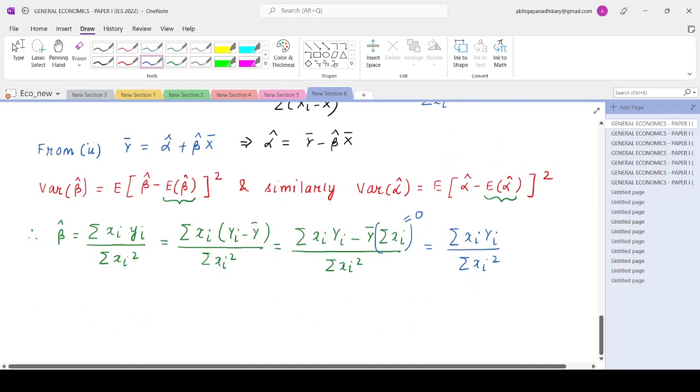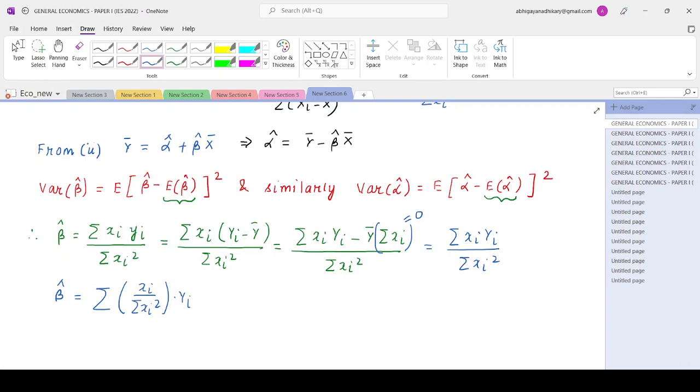Correct? So beta hat is basically, and just try to follow this step that I am writing. It is summation xi by summation xi square times yi.